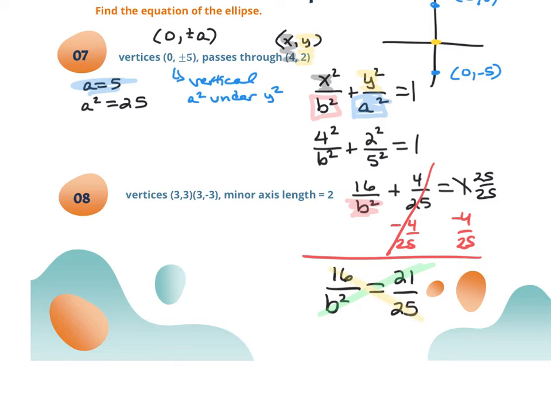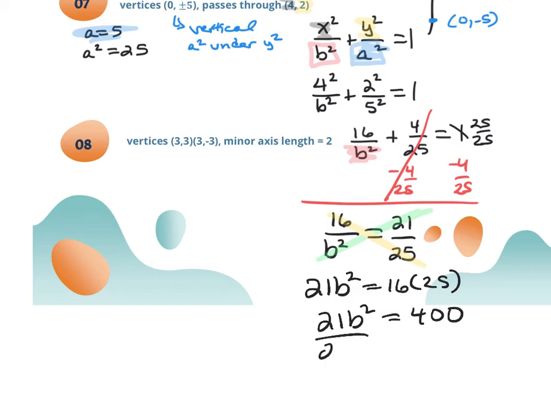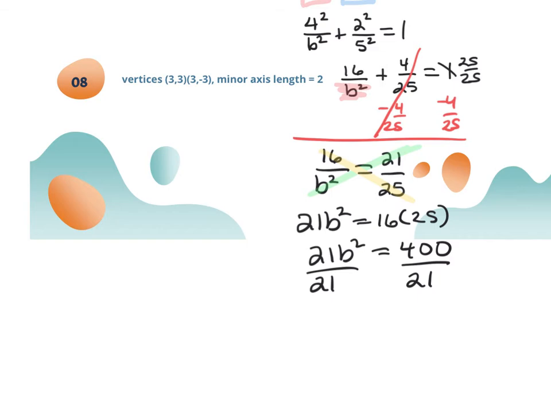Treat it as a proportion. So I'm going to be multiplying 21 times b squared and then 16 times 25. 21b squared equals 400. Divide by 21, and b squared equals 400 over 21.